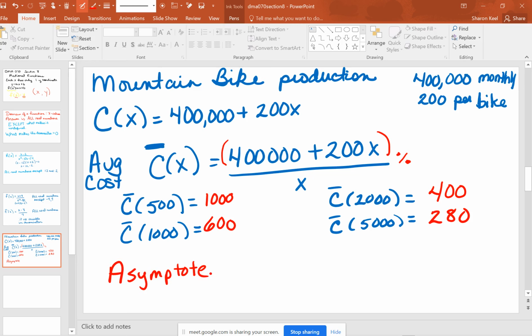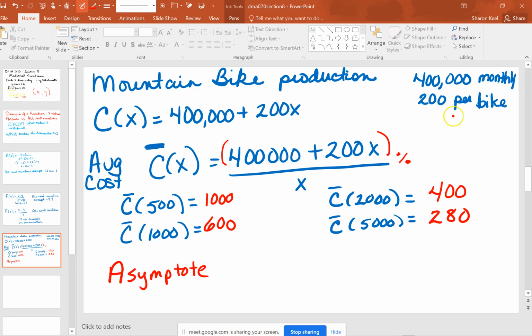So what's going to happen is if it costs $200 for materials per each bicycle, and if we always have to divide this $400,000 overhead cost per each bike, the more bikes you produce, this 400,000 gets split among a lot more, so you have a very little cost. It might even be a fraction of a cent.